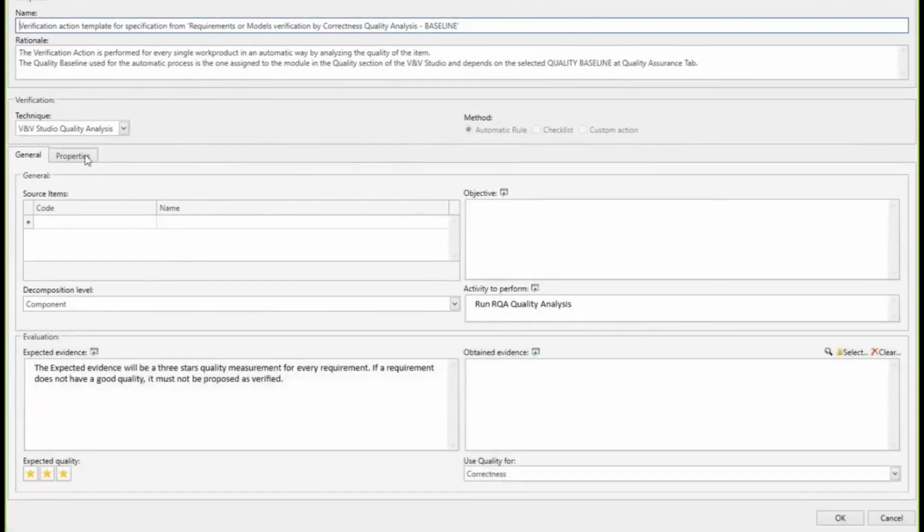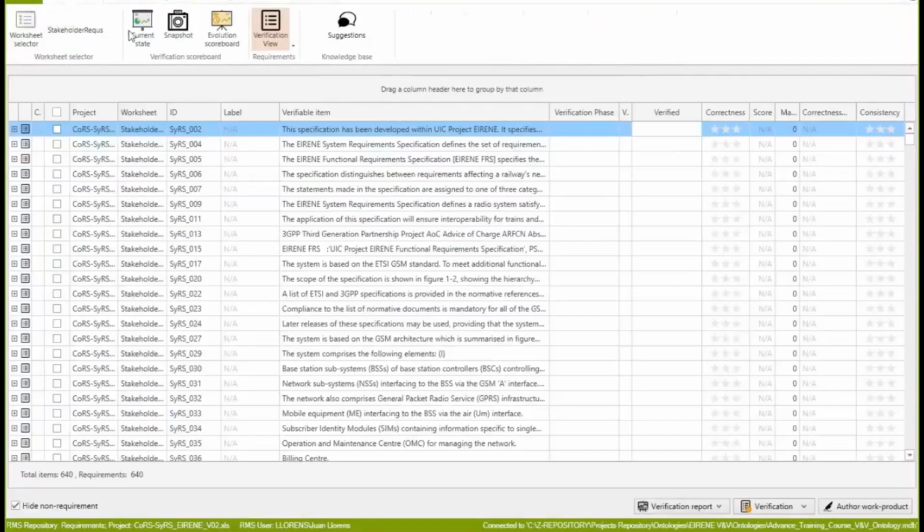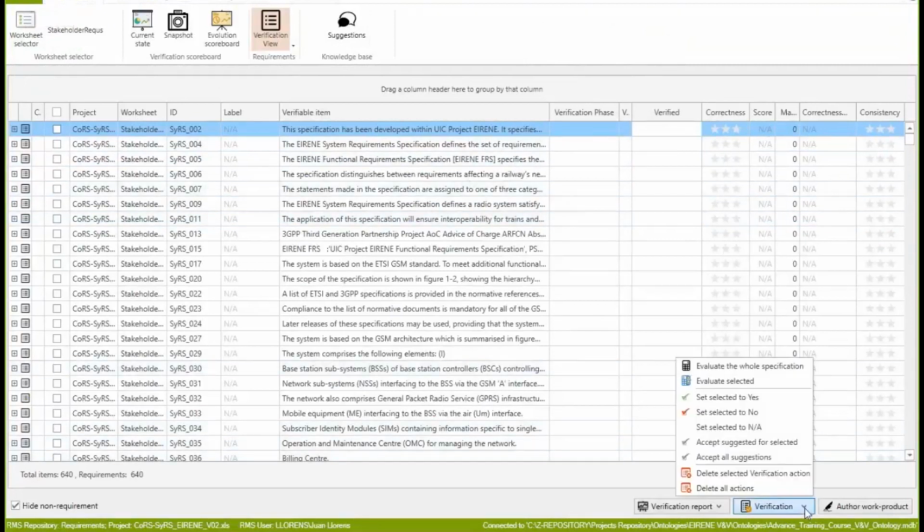We are going to offer a suggested yes only when the expected quality of the different elements occurring there, in this case requirements, is 3 stars. In order to do that, we have defined the quality metrics, typical quality metrics in RQA. So the only thing we have to do now is just to calculate.